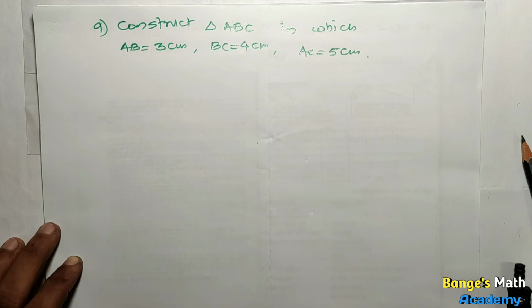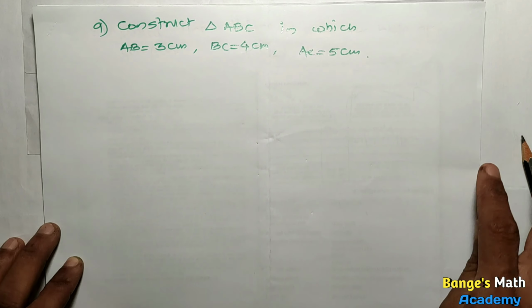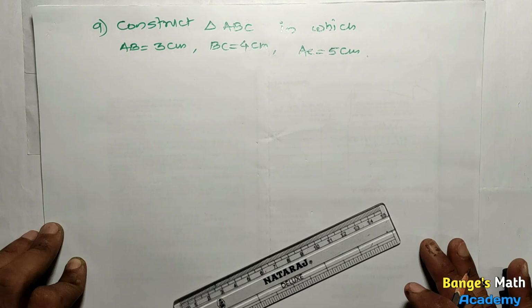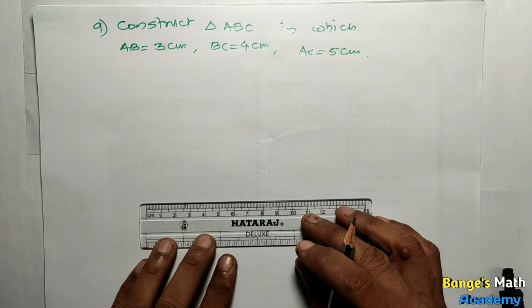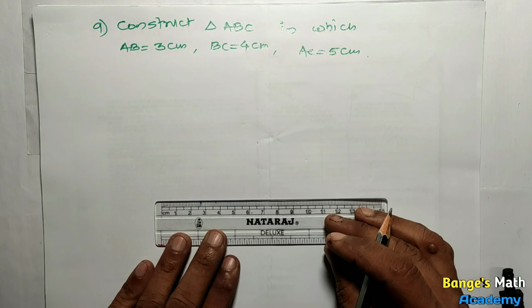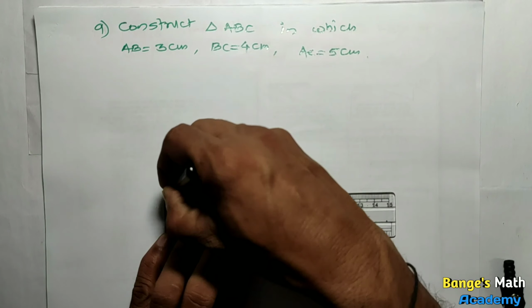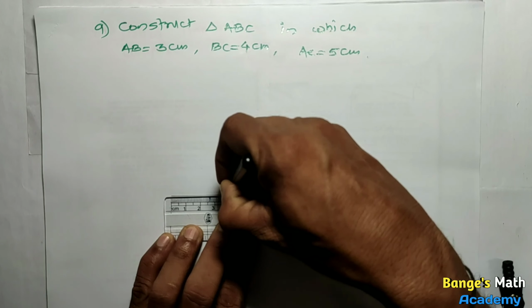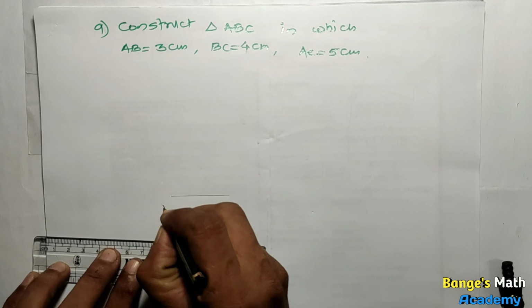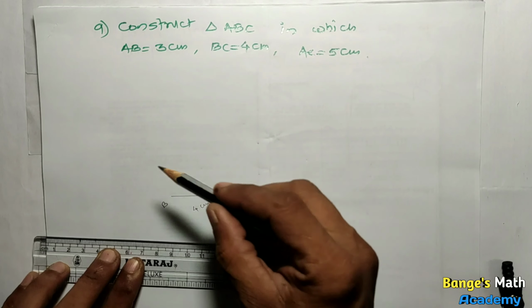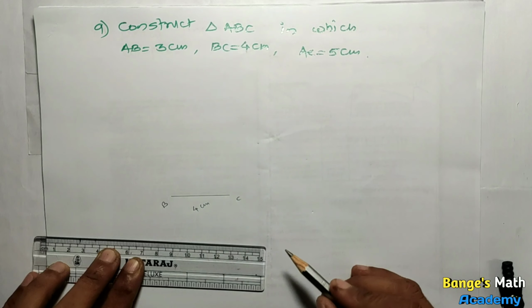Construct triangle ABC in which AB is equal to 3 cm, BC is equal to 4 cm, AC is equal to 5 cm. With the help of ruler, draw segment BC of length 4 cm. Then the distance AB is 3 cm.